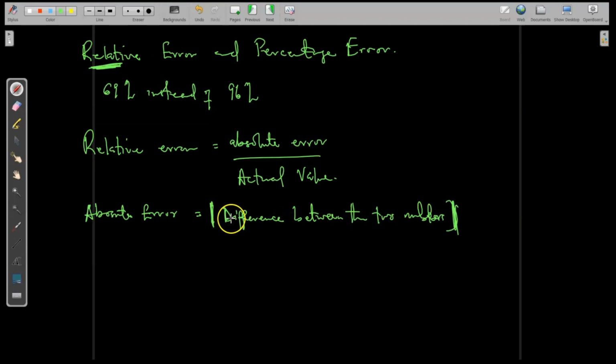So for instance, the teacher was supposed to give you 96 and he gave you 69. To get the absolute error, it is the absolute value of 69 minus 96, for which you are going to get what value? Absolute value of negative what?